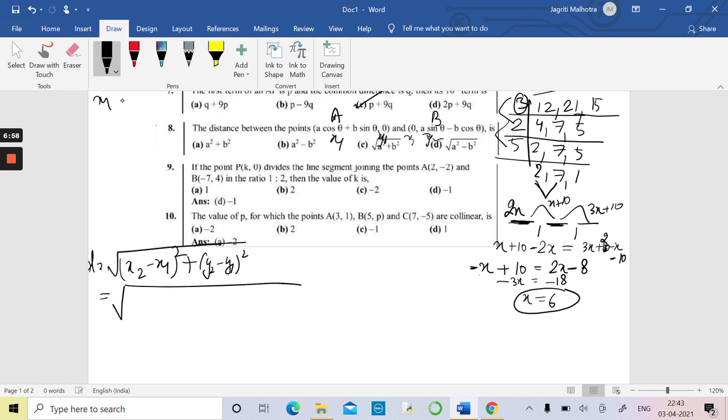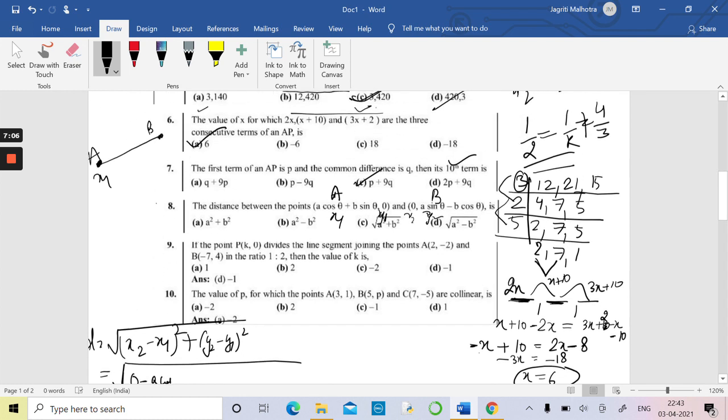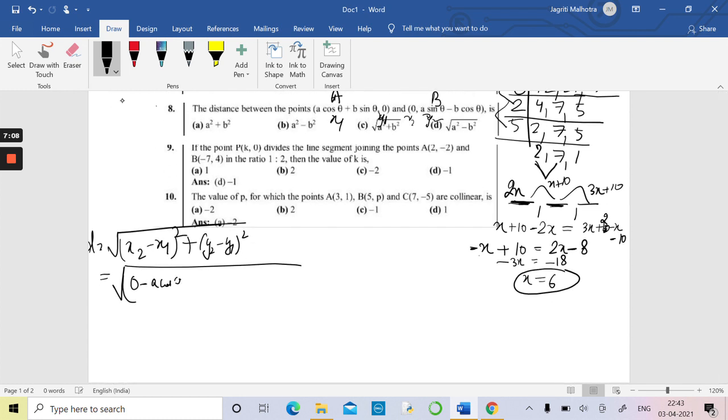That means 0 minus x1, which is A cos theta, minus B sin theta. We have to find the whole square, plus y2 is A sin theta minus B cos theta, and y1 is 0, so minus 0, which is already equal to this.